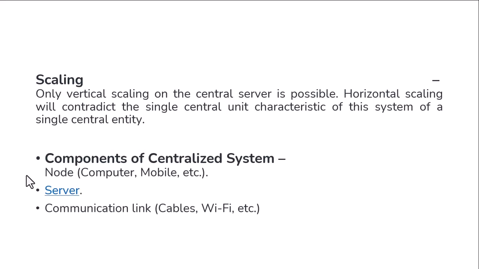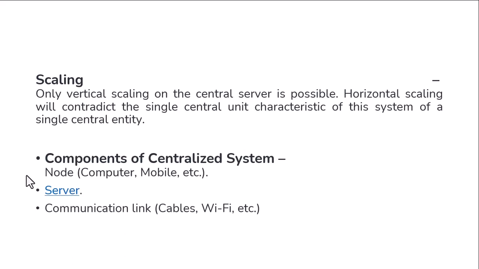But unlike decentralized, in centralized architecture we do vertical scaling, such that as the number of clients increases, the number of servers can be added, but in a vertical position. Vertical position means the subsystems, the sub-servers, are added, but they act as one system. No independent systems like in the decentralized.